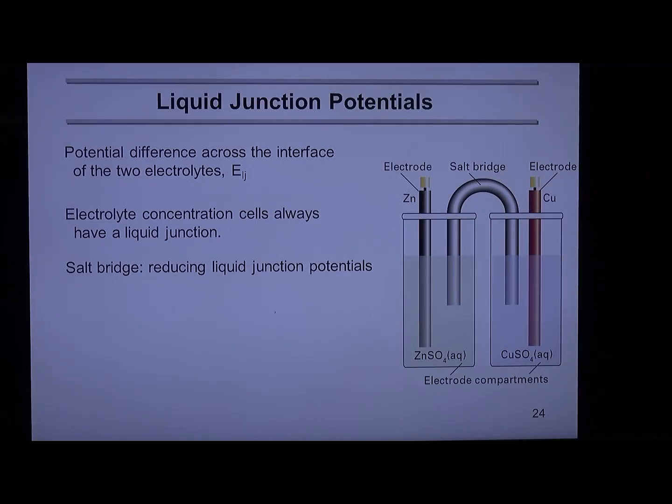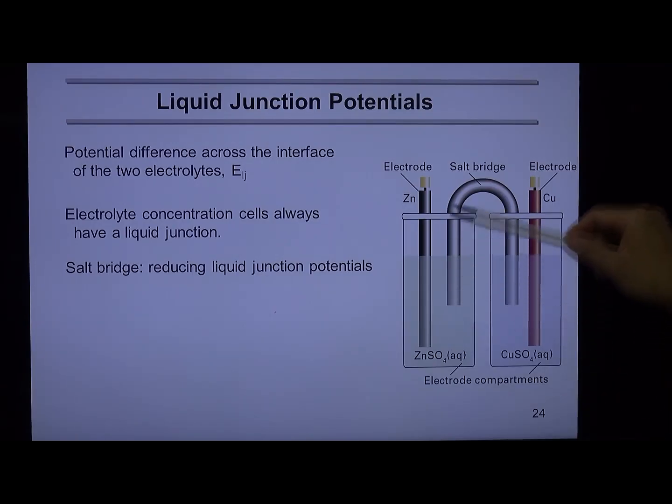So to remove this liquid junction potential, we usually use a salt bridge. I believe that you guys have learned this from middle school or high school, right? Salt bridge is basically a tube containing a concentrated electrolyte solution.